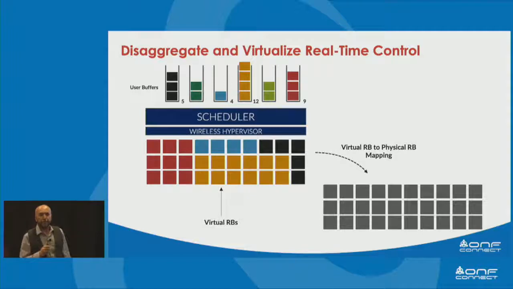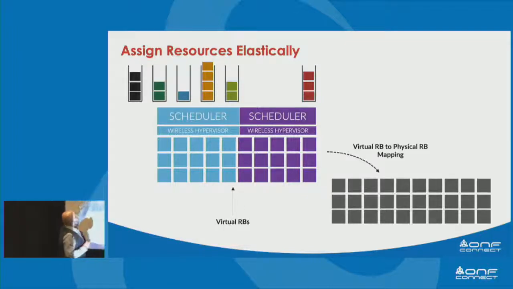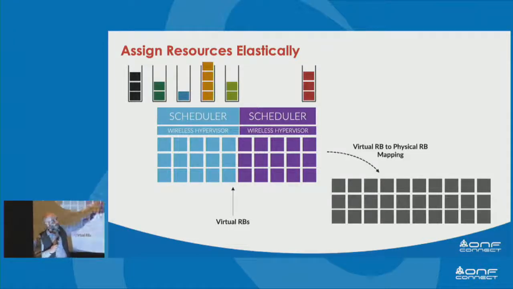So once I disaggregate these two, then I could do things like this. I could say, oh, for these users, I'm going to be using this scheduler. And this scheduler is going to have access to only this much of my virtual resources. And this scheduler will have access to this much.